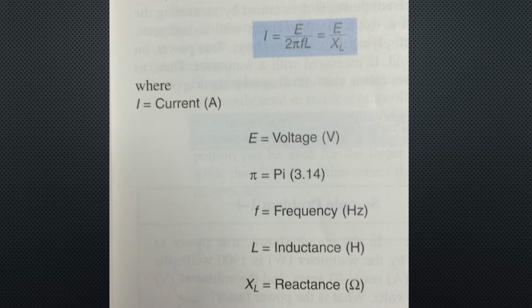In other words, resistance in a purely inductive circuit is due to inductive reactance, and it is numerically equal to 2 times pi times frequency times inductance.